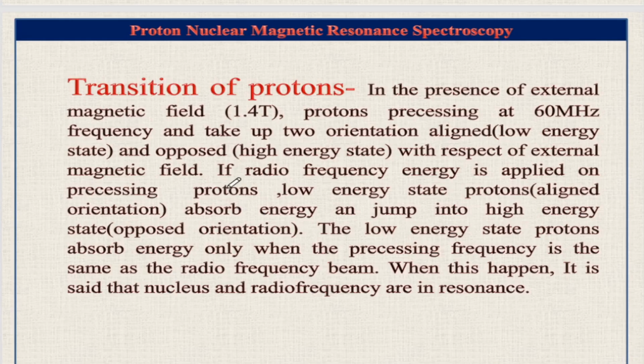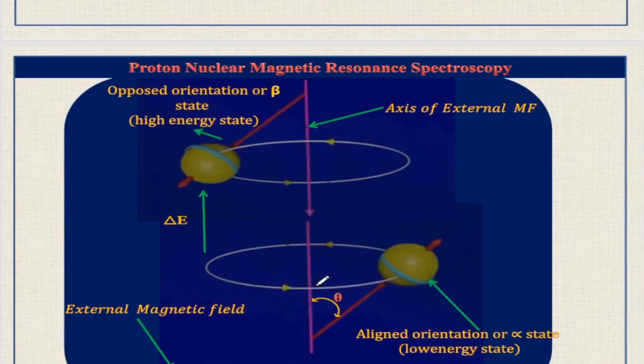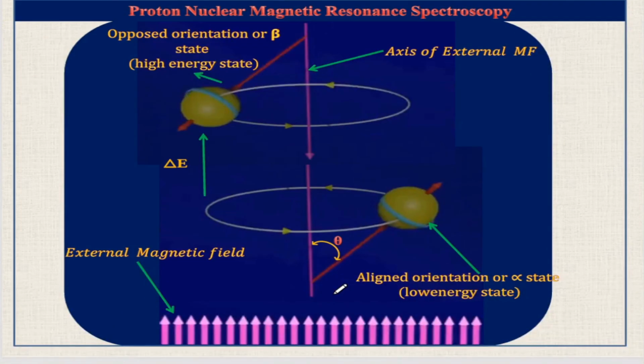Now let us understand the transition of protons. As we know, when a magnetic field is applied, protons go into two energy states, aligned and opposed orientation, low energy and high energy state, and in both orientations they show precessional motion.